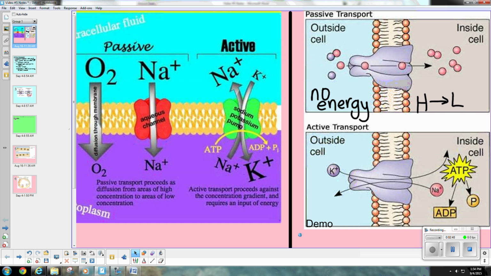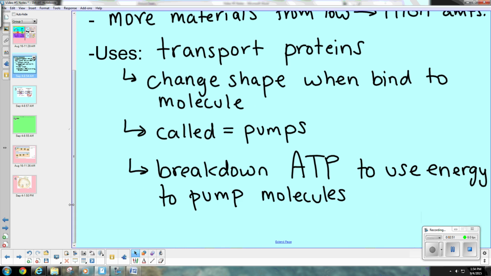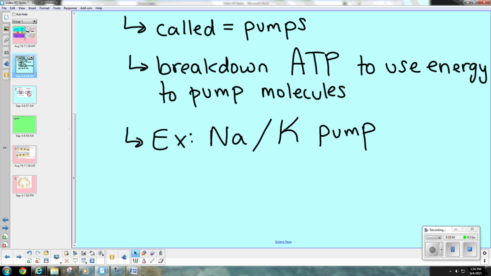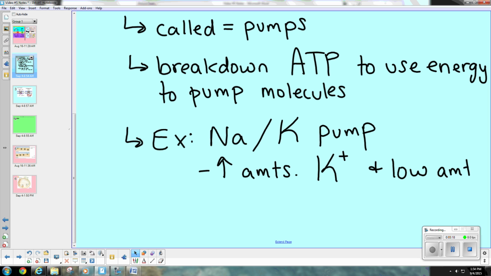An example of this type of pump is when we need to move sodium, that's Na, and potassium, that's K. It's called the sodium potassium pump. You have high amounts of potassium ions, which is why you see it with a charge, and low amounts of the sodium ion.